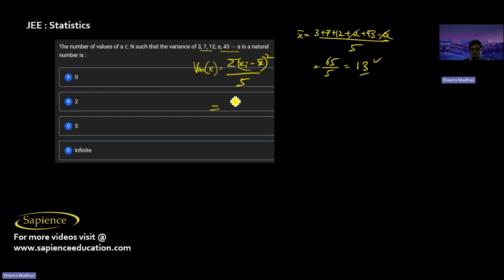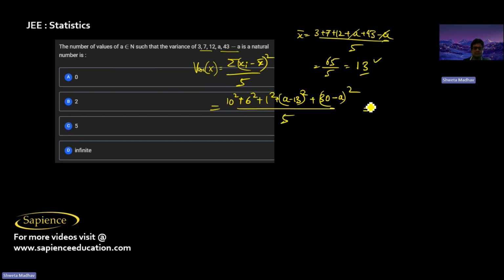This will be equal to 3 minus 13 whole square, that is 10 square, plus 7 minus 13, that is 6 whole square, plus 12 minus 13, that is 1 whole square, plus a minus 13 whole square, plus 43 minus a minus 13, that is 30 minus a whole square, divided by 5.